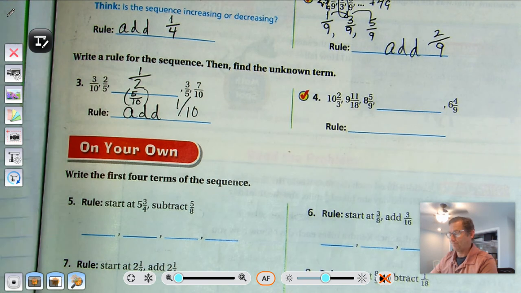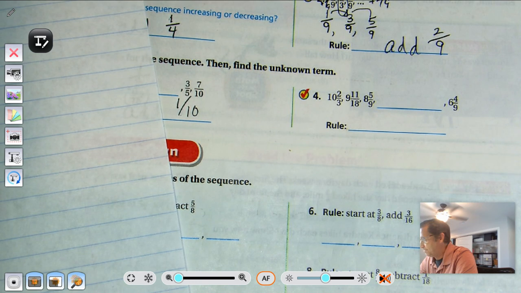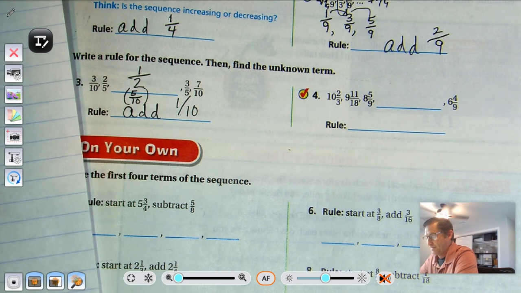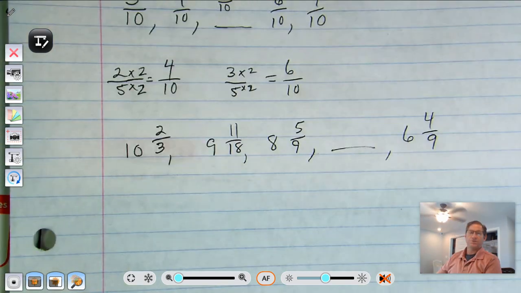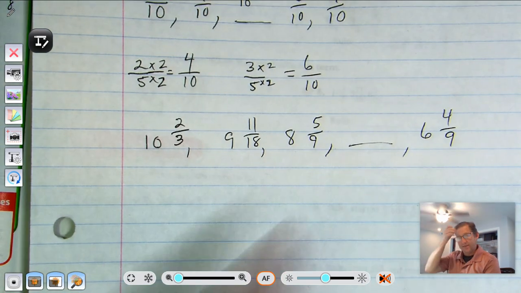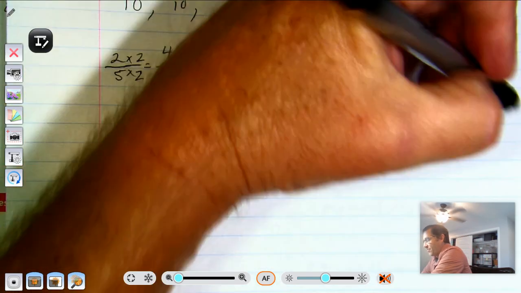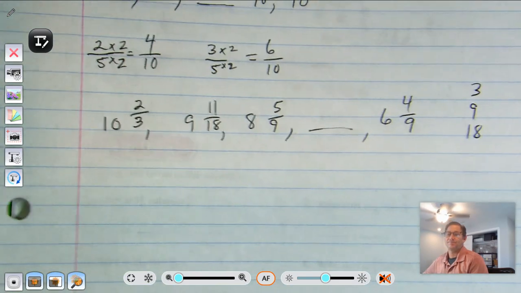All right, number 4. 10 and 2/3, 9 and 11/18, 8 and 5/9, a blank, and 6 and 4/9. Well, just looking at the whole numbers, it looks like it's decreasing. So my pattern is probably subtract something. So we have a 3, a 9, and an 18.